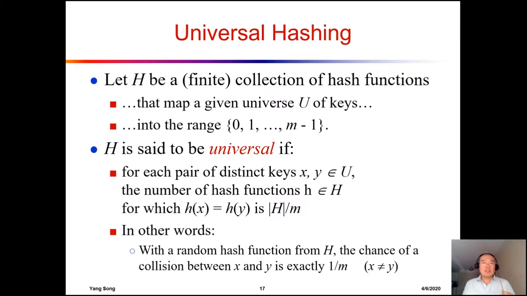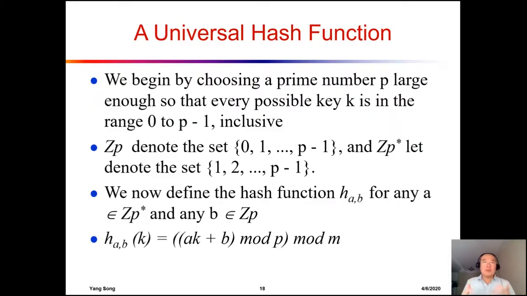Okay, so this is the idea of universal hashing. Instead of relying on one very good, very smart, very tricky hash function, we have a collection of reliable hash functions. And when we initialize a hash table, we pick one from this collection.